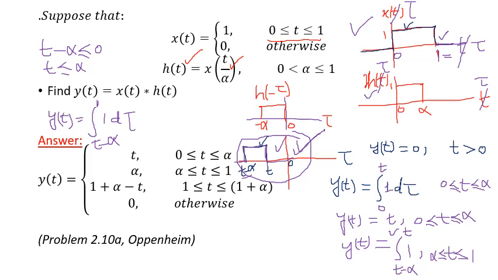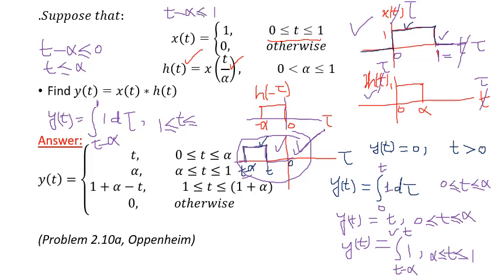And what is the range of t for this? For sure t should be greater than or equal to 1, and this is valid until t minus alpha crosses 1. That is valid when t minus alpha is less than or equal to 1.